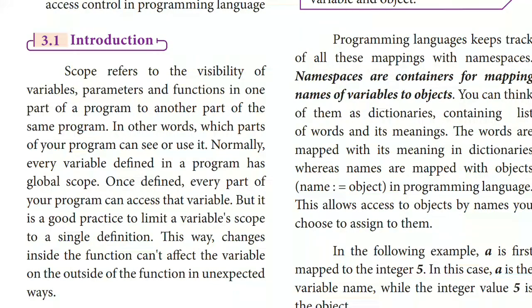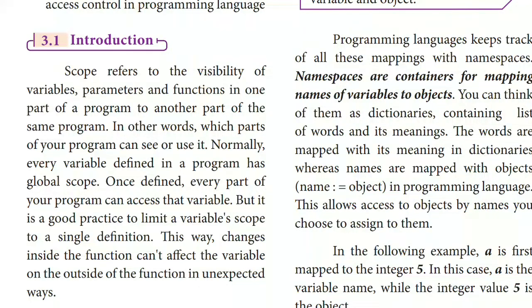Some of the variables can only be accessed in a certain part of the program, so you cannot access that particular variable outside that part of the program. This type of accessibility restriction is known as scope.